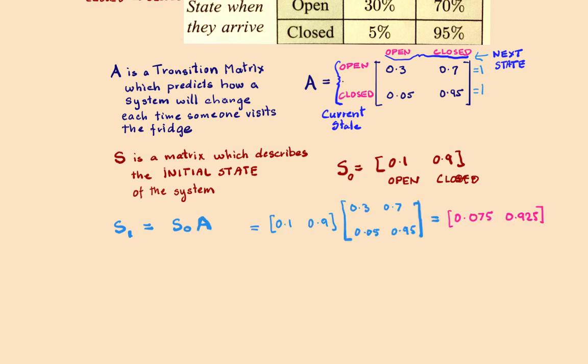If we use the calculator to multiply these 2 matrices together, we get our new matrix S1, which says that the likelihood of the fridge being open when the next person enters will be 7.5%, which is already less than the 10% initially claimed by Jess.